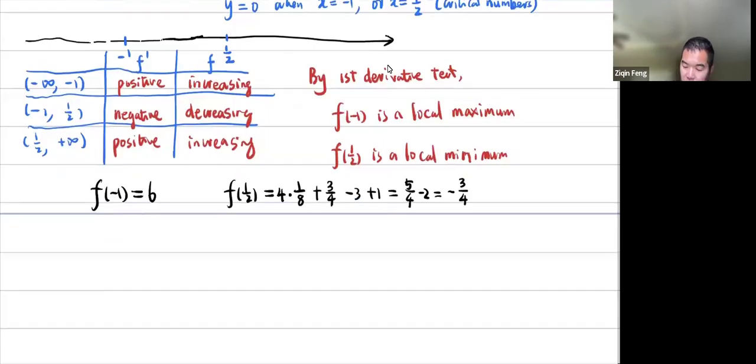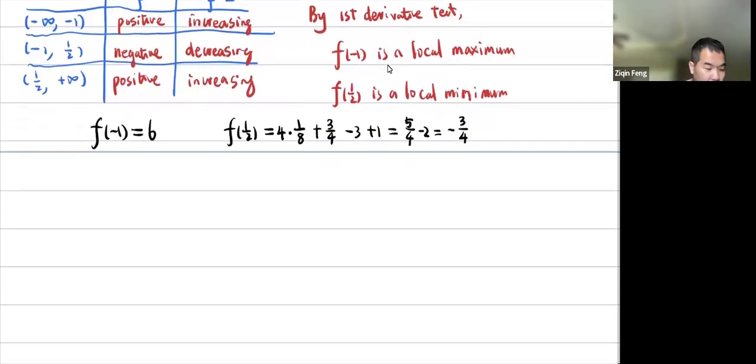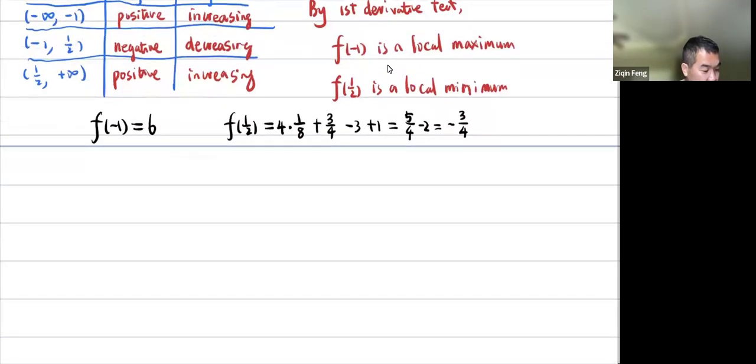Left side, local maximum, right side, local minimum, right? So now let's try to get concavities. For concavities, we need to get the second derivative, right? So y double prime equals y prime prime, differentiate the first derivative, which is 24x plus 6, right? So this is equal to 6 times (4x plus 1).